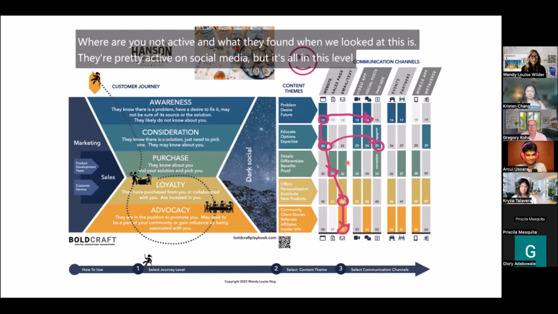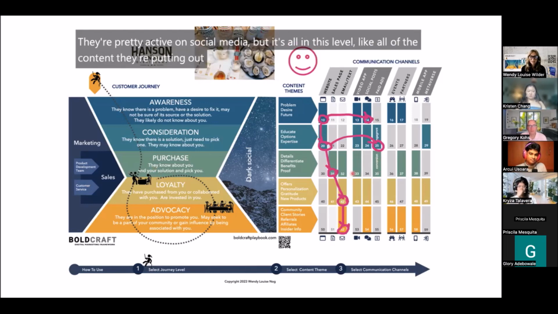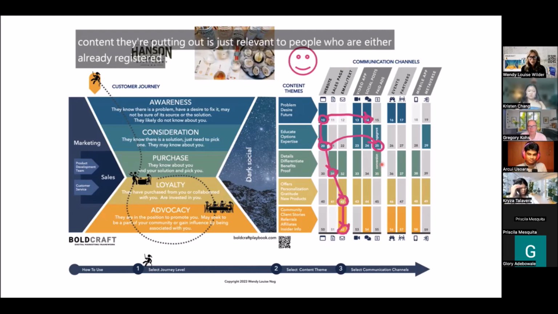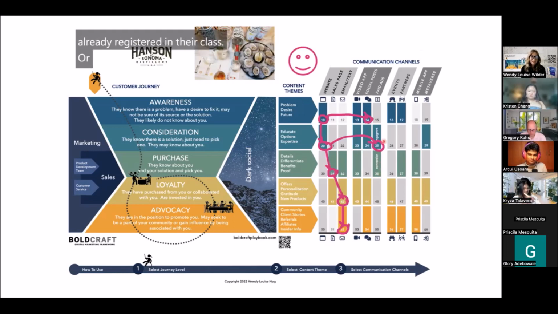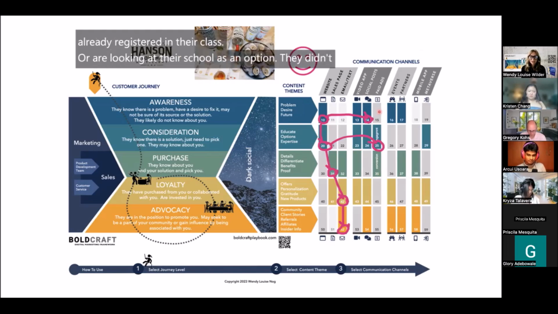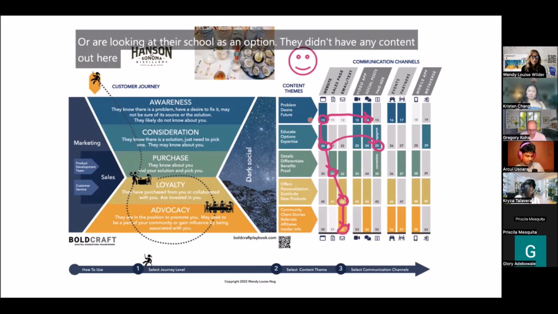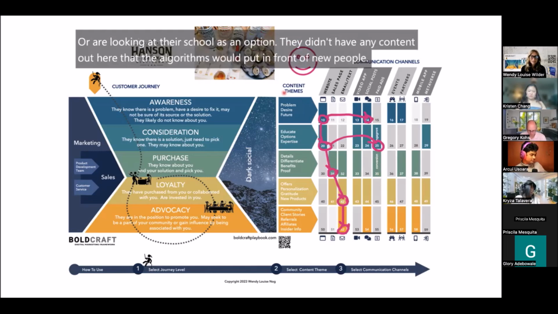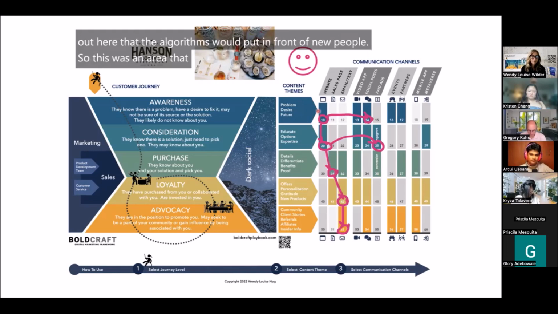All of the content they're putting out is just relevant to people who are either already registered in their class or are looking at their school as an option. They didn't have any content out here that the algorithms would put in front of new people. So this was an area that we identified they could focus on.